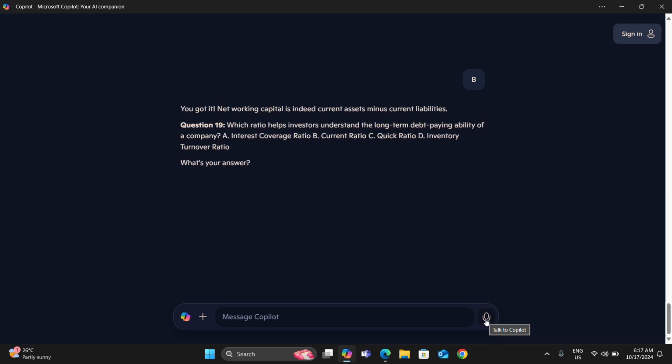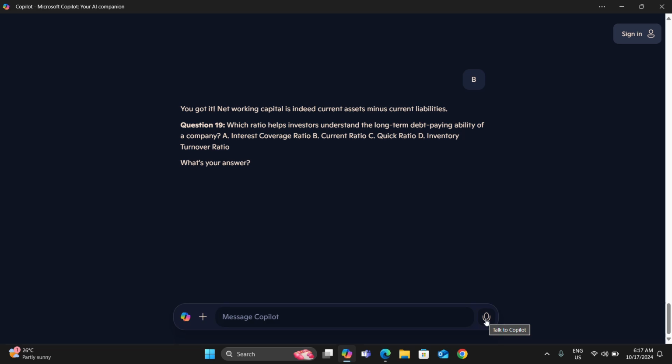So you got it. Which ratio helps investors understand the long-term debt paying ability of the company, or solvency? Okay, so solvency ratios, we have interest coverage ratio. I forgot, but interest coverage ratio is, I guess, earnings before interest and taxes.